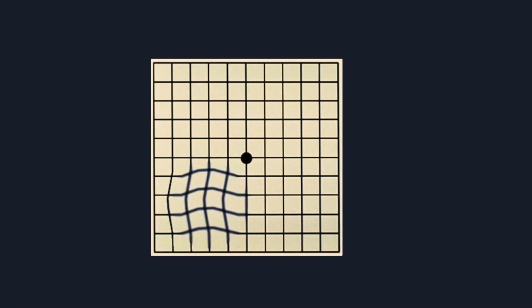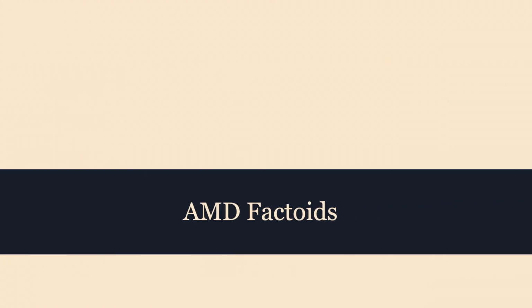Then if you start having problems, somebody will see something that looks like that, and it could be in any one of these quadrants. And here's another where it's really bad. It's not like this for me, but you get the idea that things are real wavy, and that's a real test with the Amsler grid.